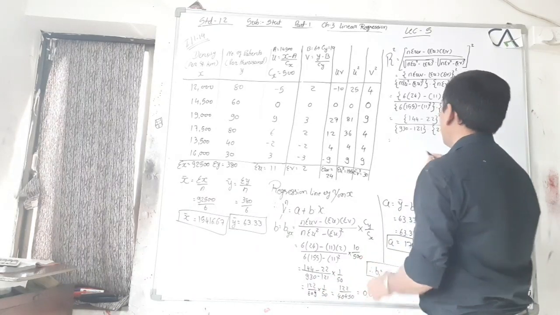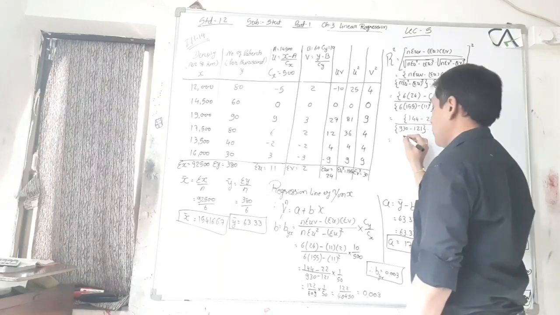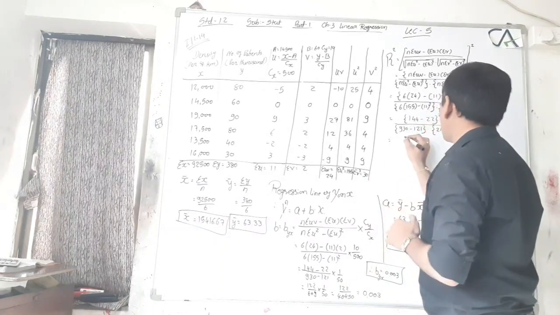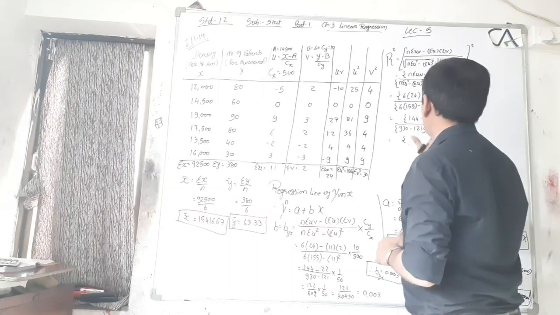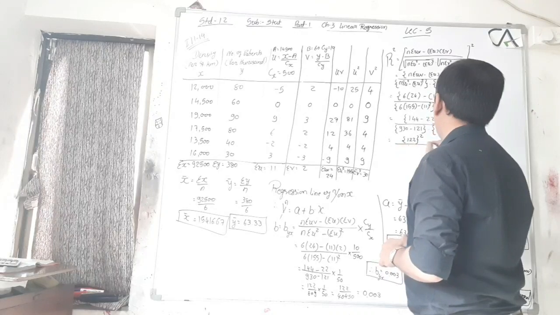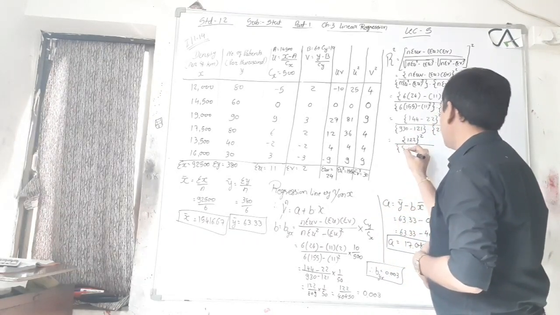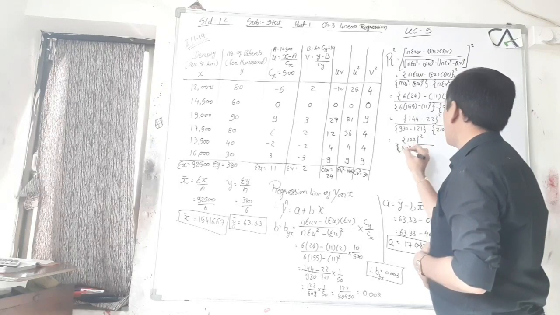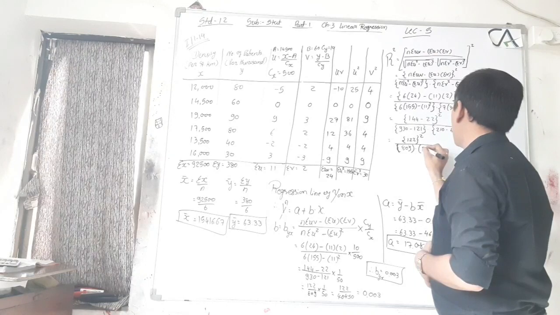We are not cutting any steps. So here 122 square upon 809 into 206.